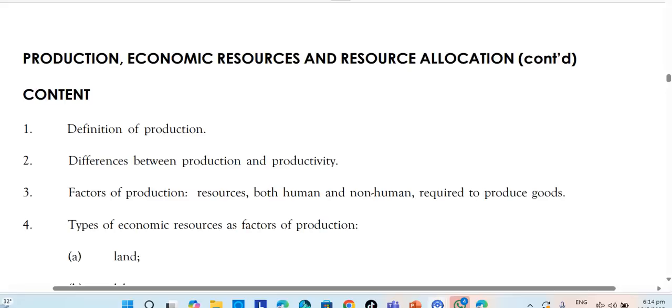Well, productivity refers to the efficiency of production, how much output is produced per unit of input, such as per worker, per hour, or per machine. To calculate productivity, productivity equals output over input.